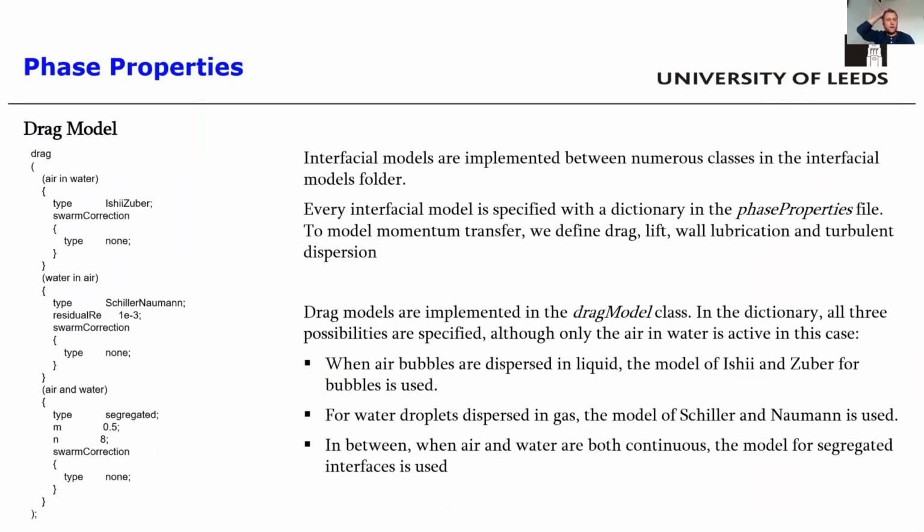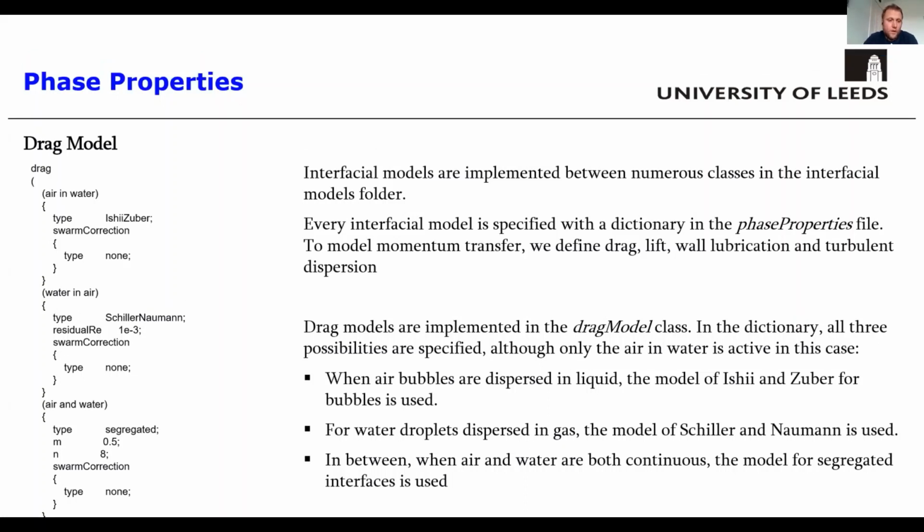And here I've left an example also in the file, for the drag. Again, it's not needed in this case. If you define only air and water, that will be fine enough.